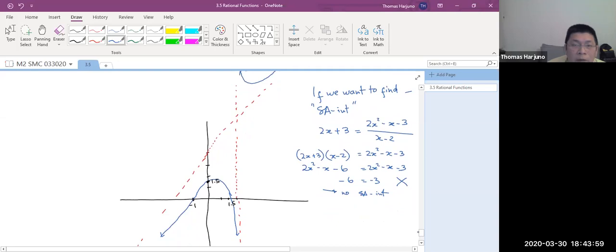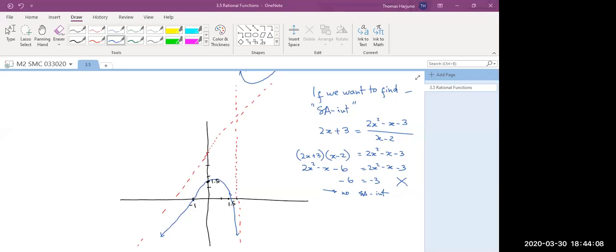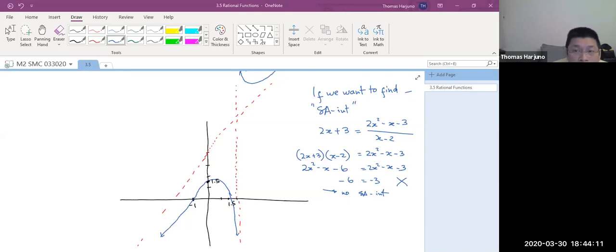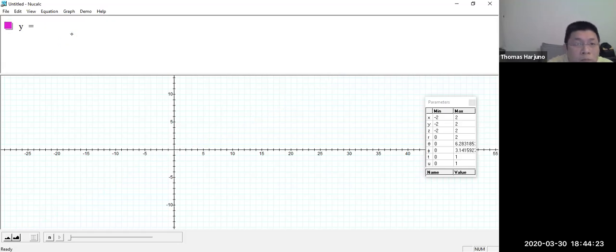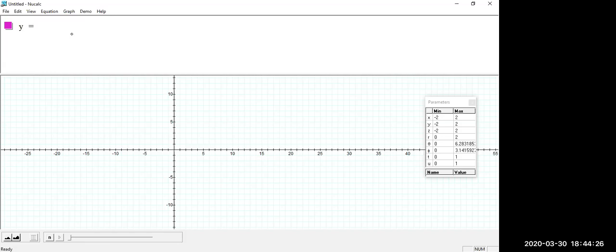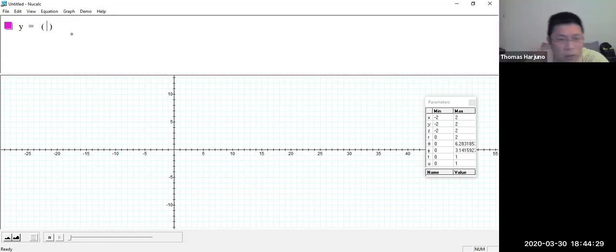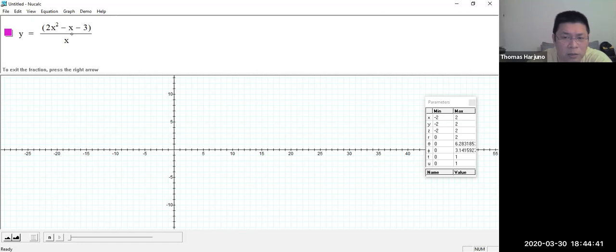Okay, that's the graph. Now let's take a look at the actual graph using my graphing software. Y equals 2x squared minus x minus 3 divided by x minus 2.